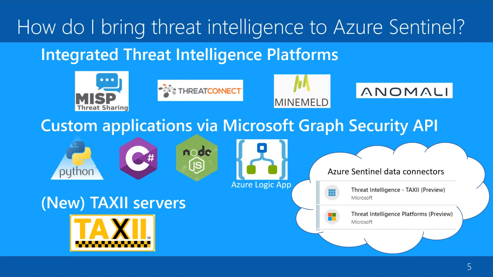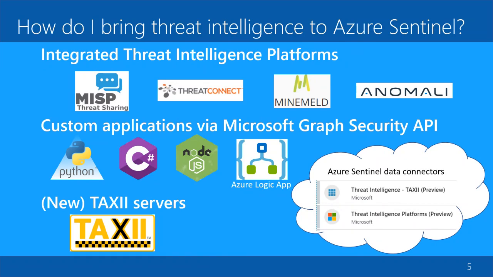And the second one is threat intelligence platforms. Threat intelligence platforms is used when you have a platform like MISP or ThreatConnect or MineMeld or Anomali or some other that is integrated with Azure Sentinel, such that directly from that platform you can push threat intelligence into Azure Sentinel. And so that's what that connector is for.